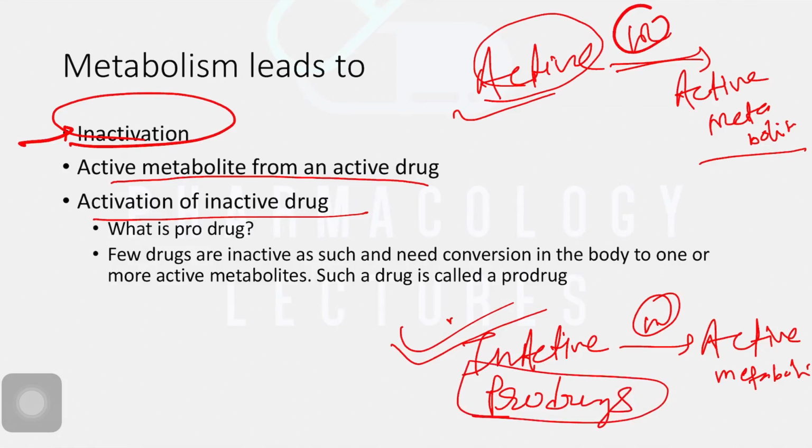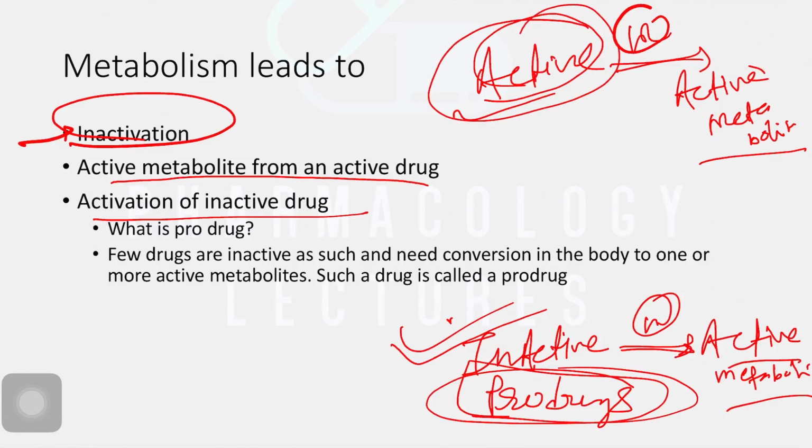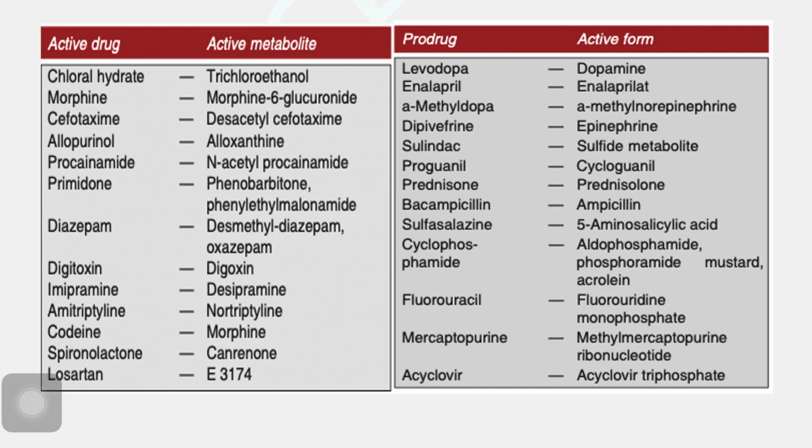What do you understand by prodrugs? Prodrugs are drugs which are inactive as such, and they need conversion into active metabolites through metabolism. While other drugs are active and their metabolite is also active. These prodrugs are as such inactive, but their metabolite is active.